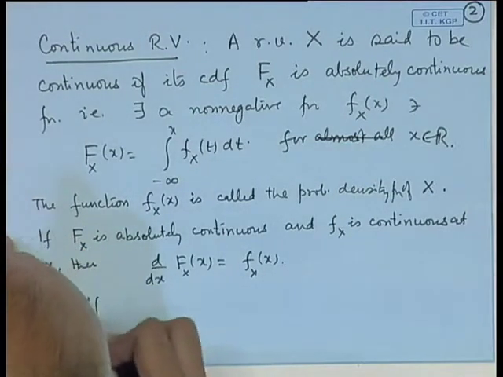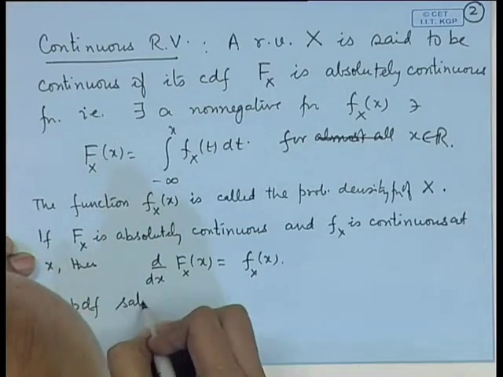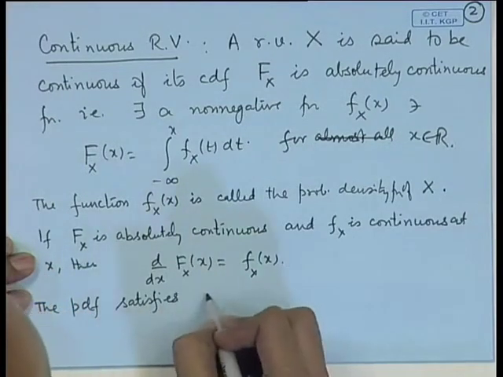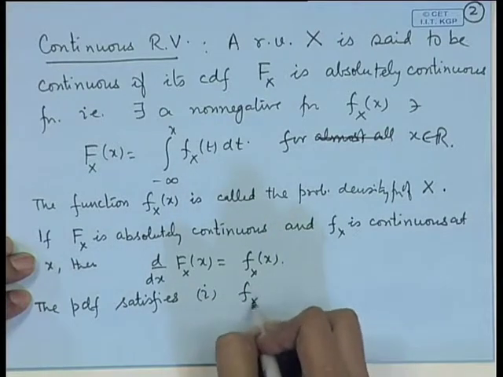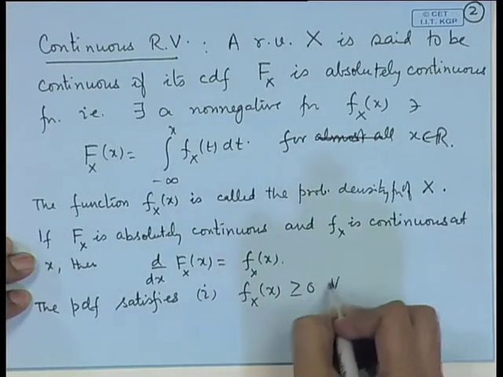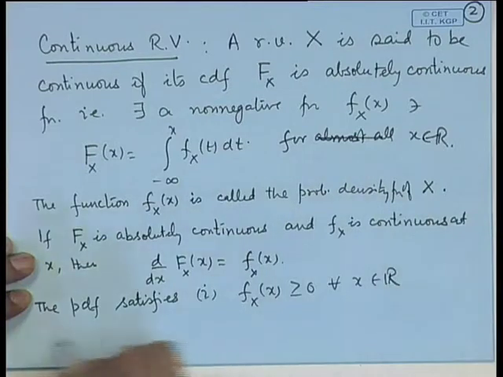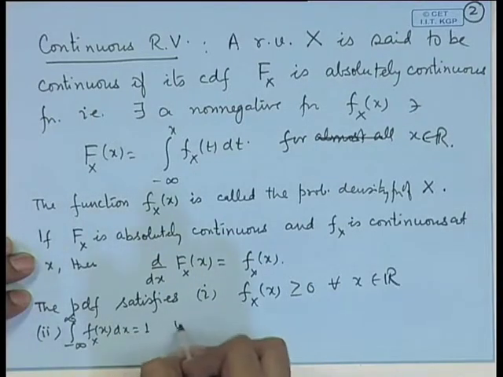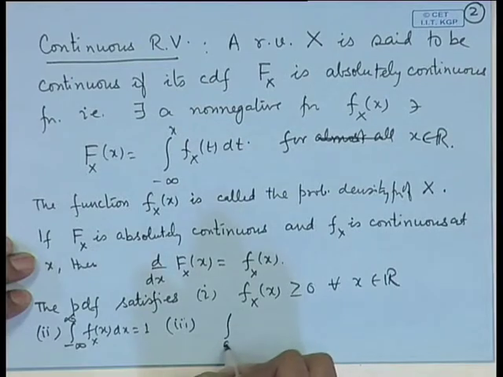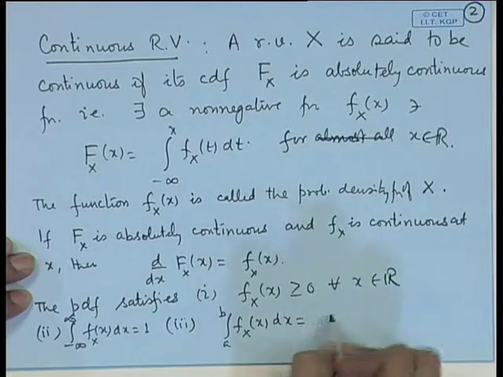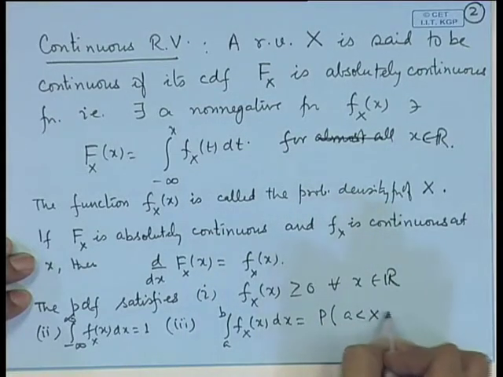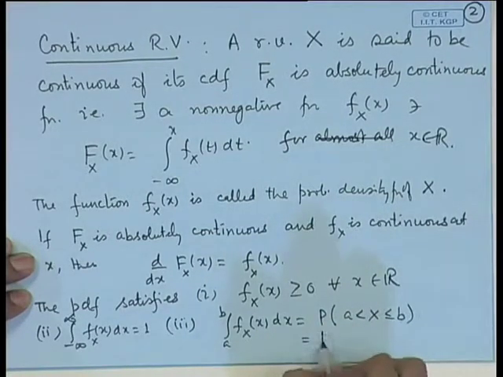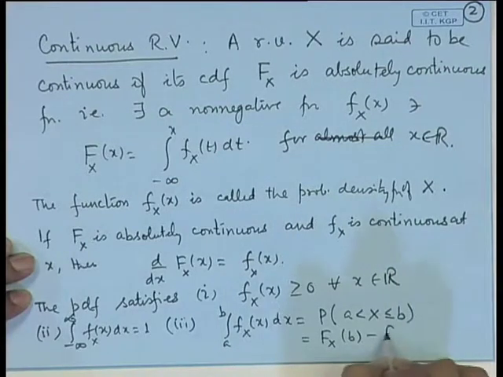The PDF satisfies, one, that it is a non-negative function. Secondly, the integral over the full region is equal to 1, and if we integrate the density over an interval a to b, it denotes the probability of a less than or equal to X less than or equal to b, that is basically F_X(b) minus F_X(a).